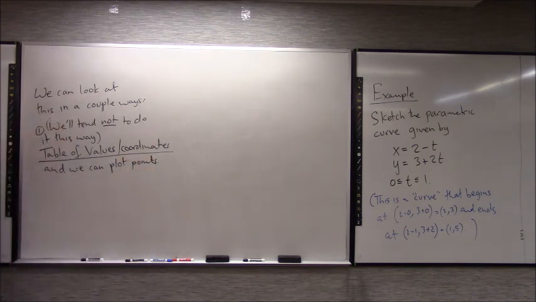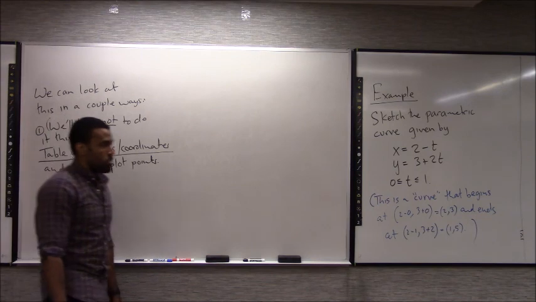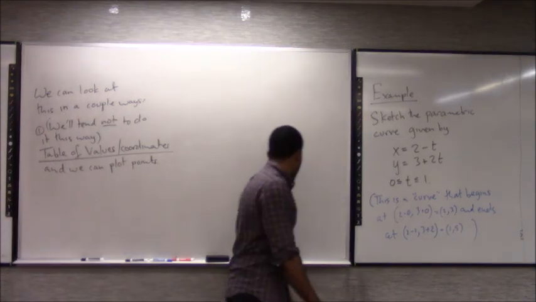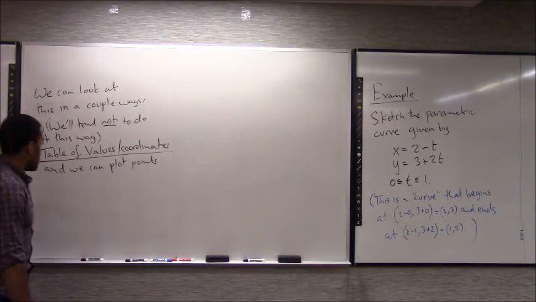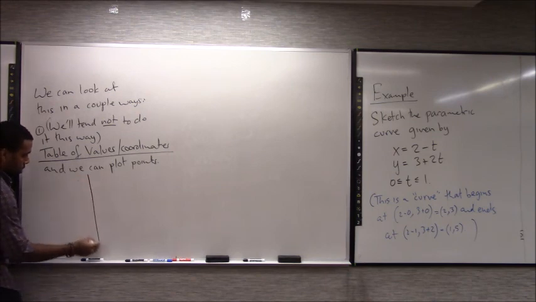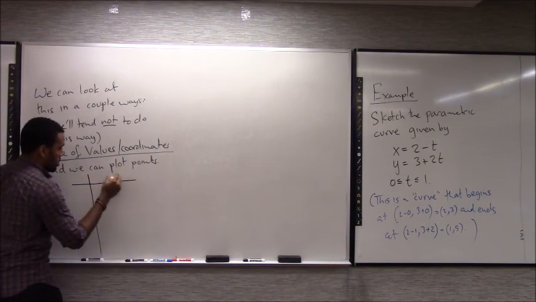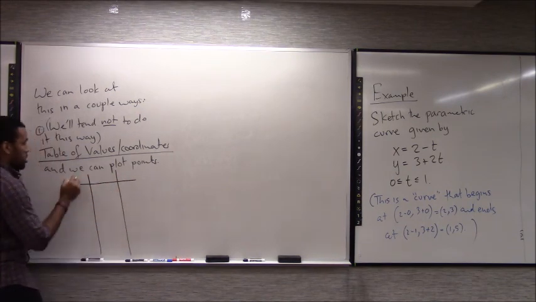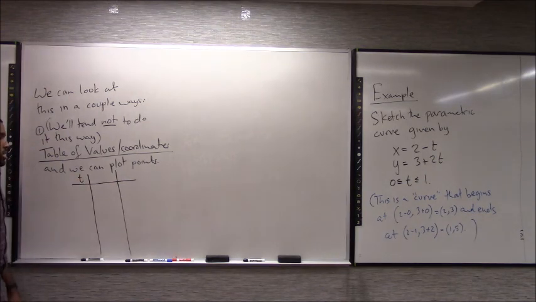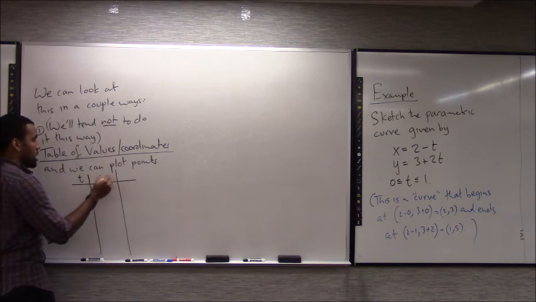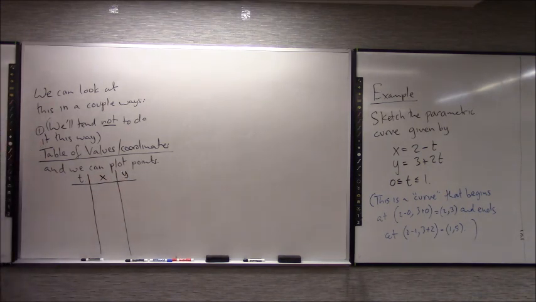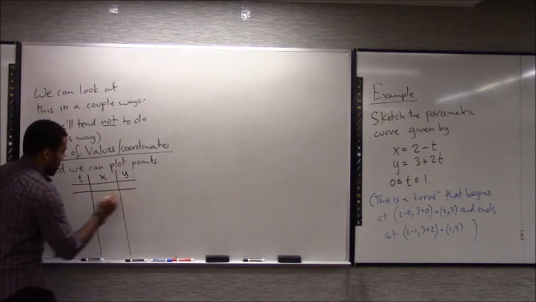So one way to think about a parametric curve, if you have no idea what it is you're looking at and you're trying to figure out what it's going to be, well, you can start with a table of values. You can take on various t values. t is like your independent variable here, and you want to know how your x and y will react to changes in t. So you can plug in a bunch of them.